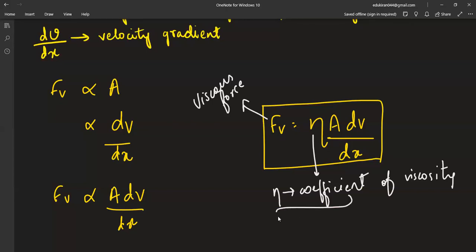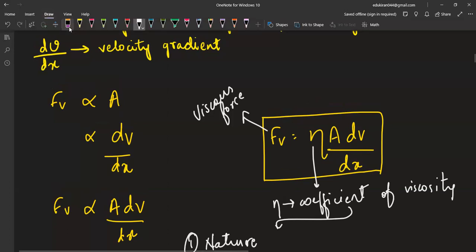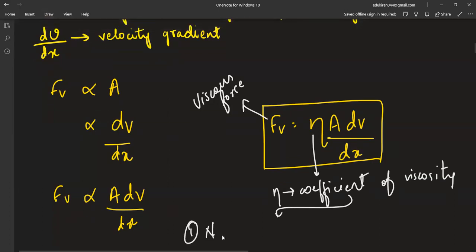See, this is also depending upon the nature of material. Water, it's different. Honey, it's different. Glycerine, it's different. Oil is different. Oil is a little more viscous than water, but less viscous than honey. So it depends upon the nature of material.